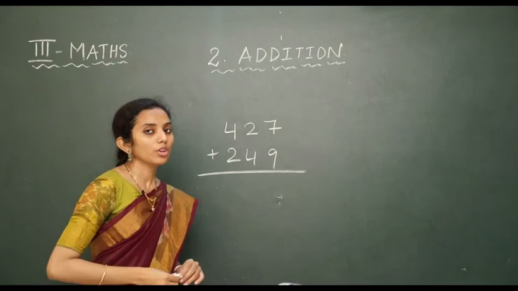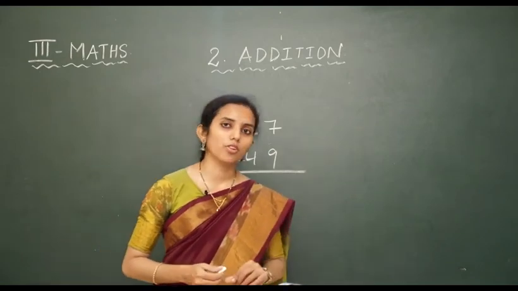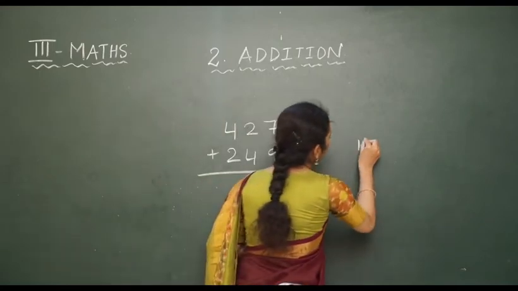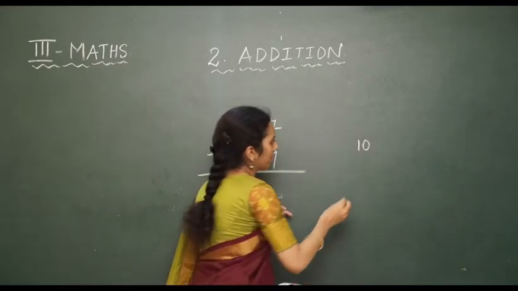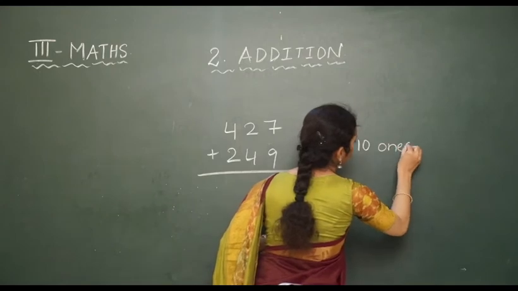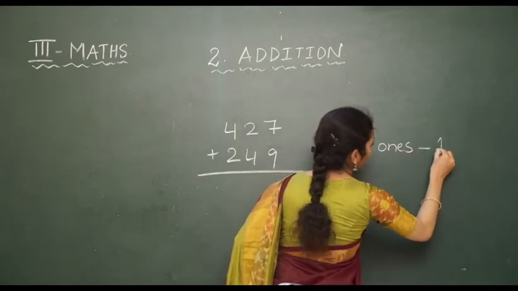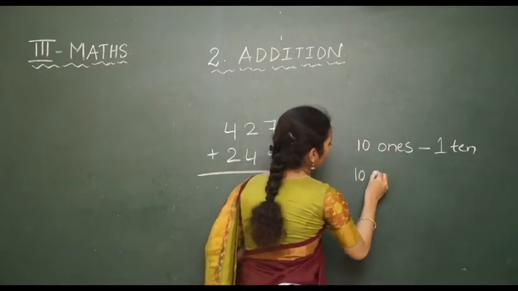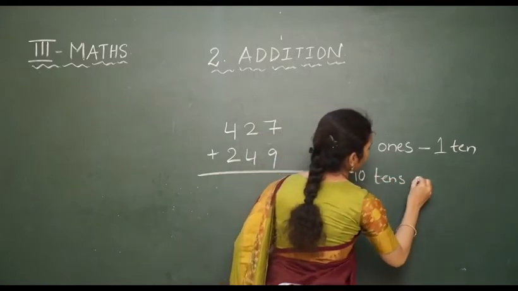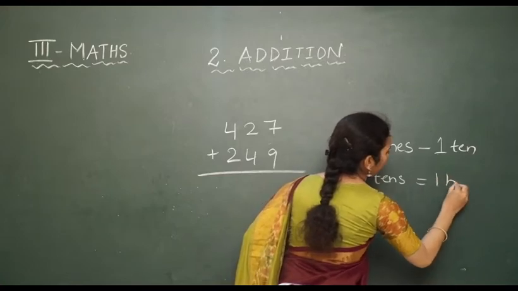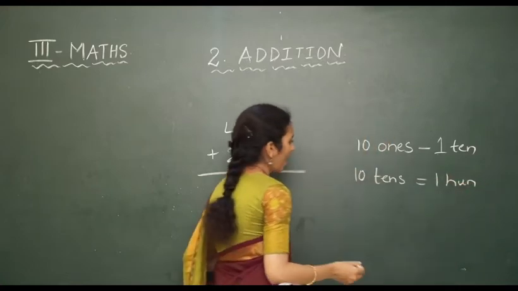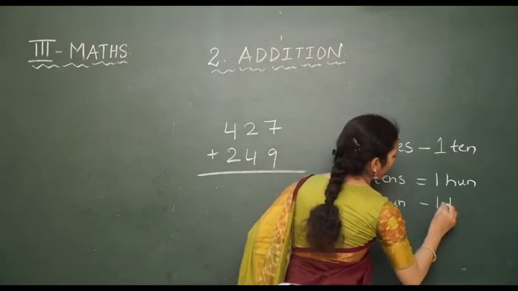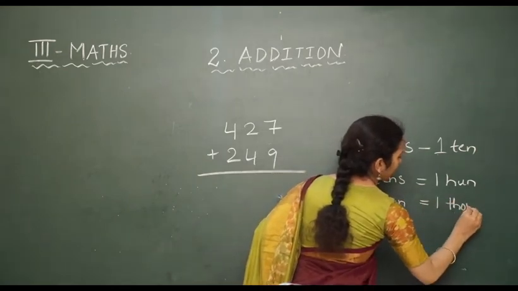You all know very well about regrouping of the numbers. That is, we all know that 10 ones are 1 ten, 10 tens are 1 hundred and 10 hundreds are 1000.